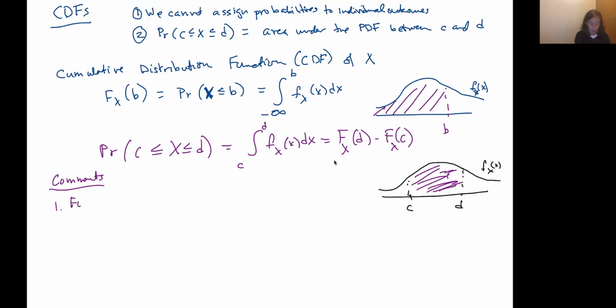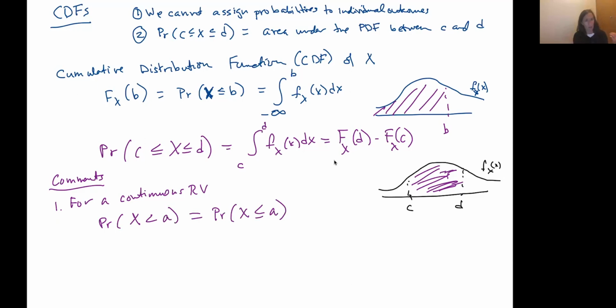For a continuous random variable, the probability that X is weakly less than A is the same as the probability that X is less than or equal to A. So you really don't need to worry about whether we have a strict inequality or a weak inequality there.